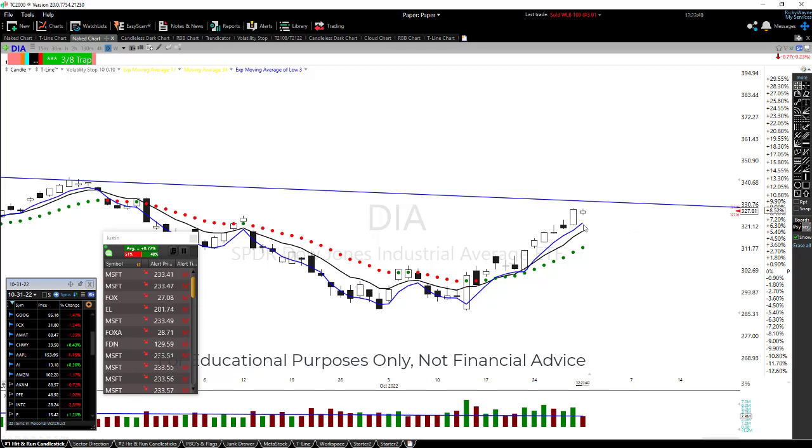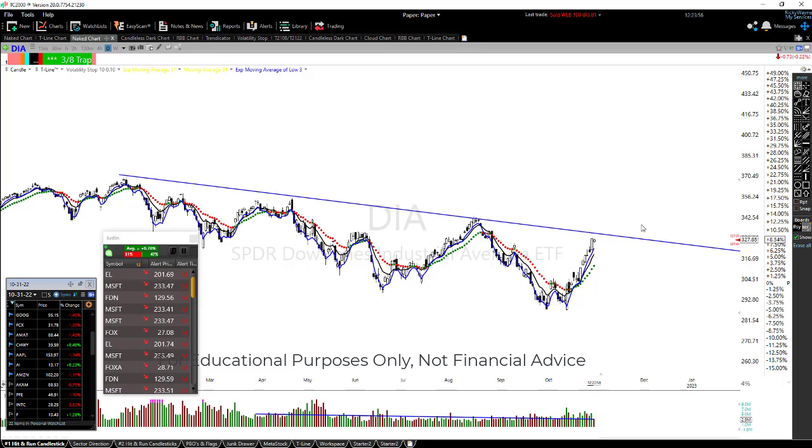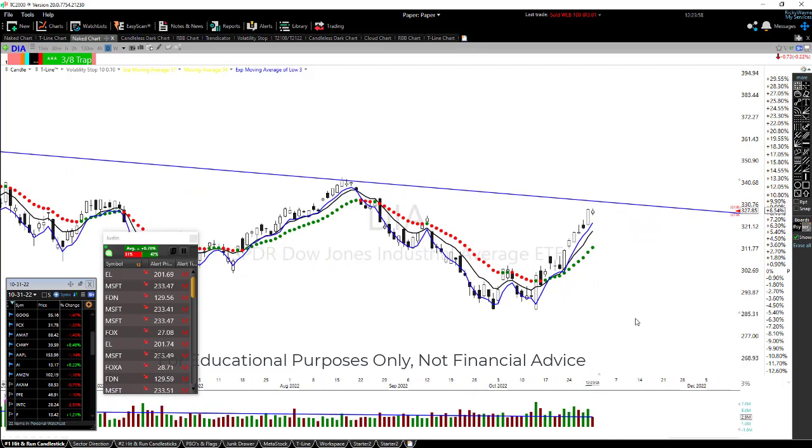I bought them because this market is way too high. It's as simple as that. No rhyme or reason to anything on the chart other than it's crazy overbought. Close to the trend.